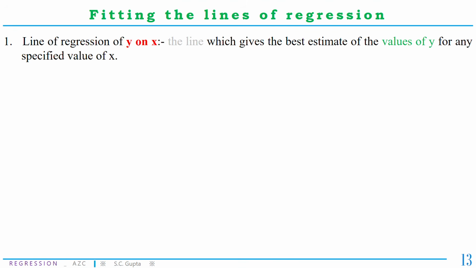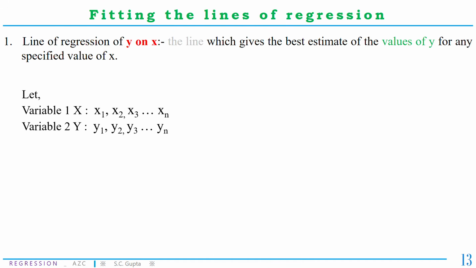Let us see first the line of regression of y on x, which gives the best estimate of the values of y for any specified value of x. Let us take a general example with values of x and y and plot a graph as shown here.